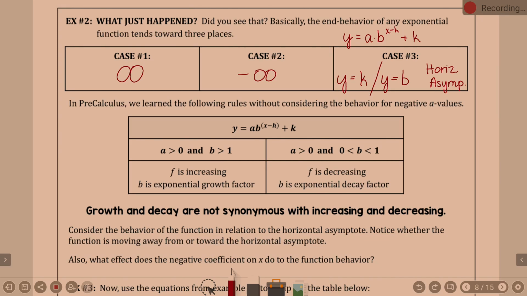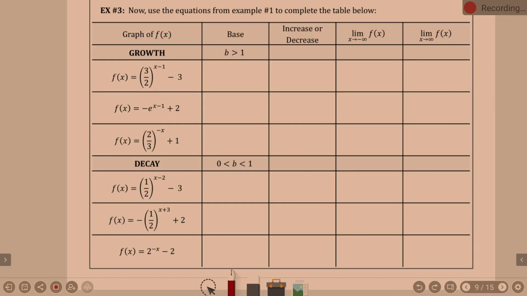I don't remember. You will see me keep rewriting this y equals a times b to the x minus h plus k.